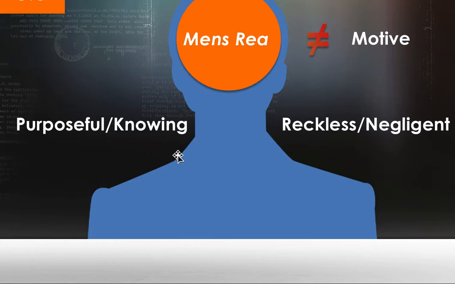The MO, the modus operandi, is likened to mens rea, but distinct and separate, right? When we talk about motive, we're talking about the reason why someone had that evil mind, the intent behind the evil mind, even.